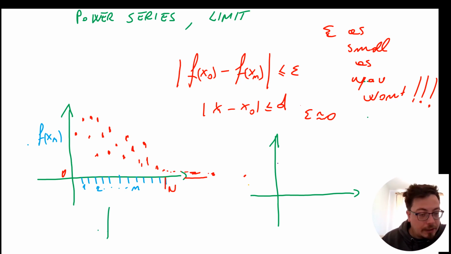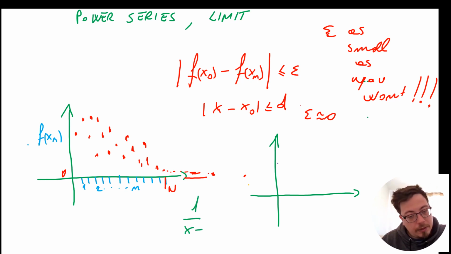Just to say that x squared, when you go to infinity, goes to infinity as well. But that's a different limit, not what I want to talk about. So suppose you have 1 over x minus x0, this function here.